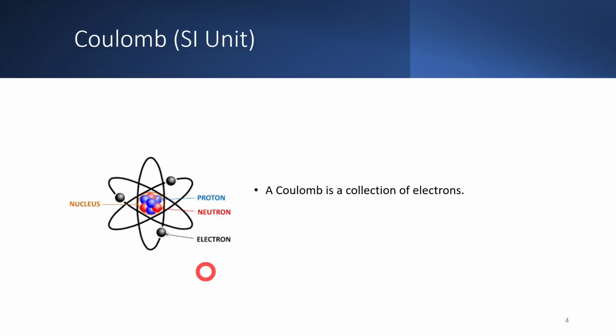And we are talking about a Coulomb as an electric charge of a collection of these electrons. In this demonstration, I'm going to use this depiction of a sack to denote a quantity of electrons to the amount of 1 Coulomb.